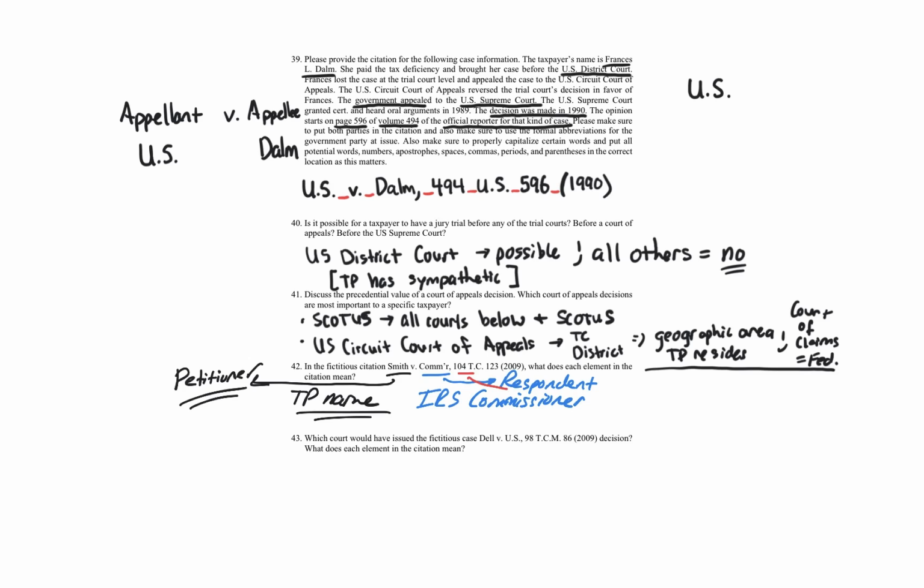What does the 104 mean? 104, it's in the 104th volume of, we're going to go next. Let's go to green, the TC. TC, that is the official tax court reporter.